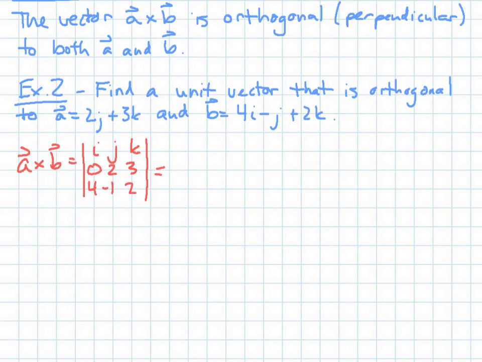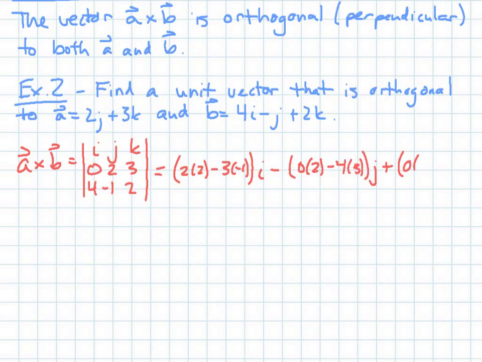And so now for i, it's going to be 2 times 2 minus 3 times -1. Doesn't matter the order. Then minus j, since it's in the negative position, 0 times 2 minus 4 times 3, j, plus 0 times negative 1 minus 2 times 4 for k.